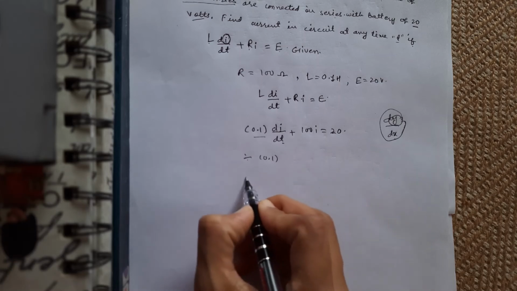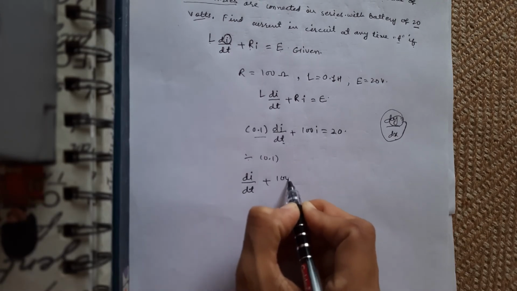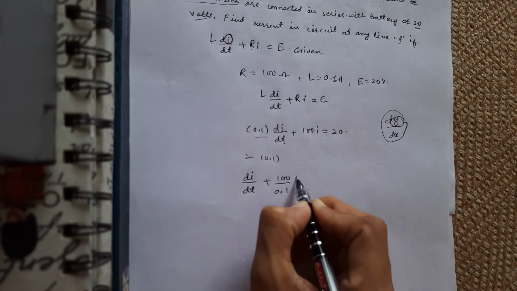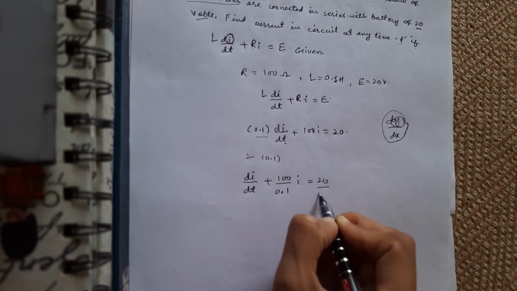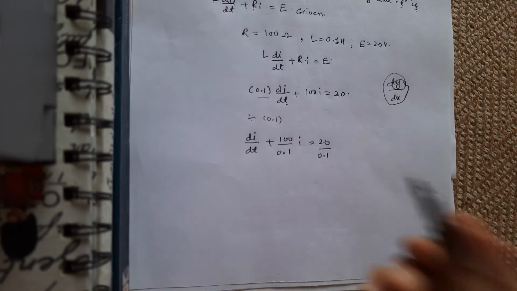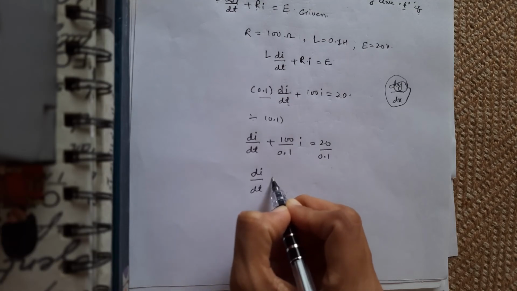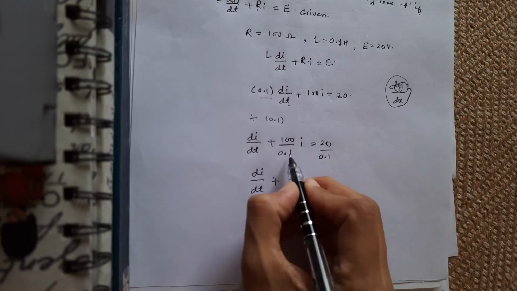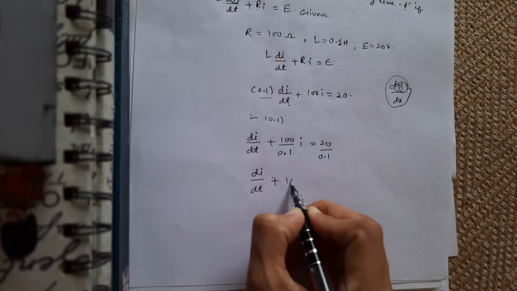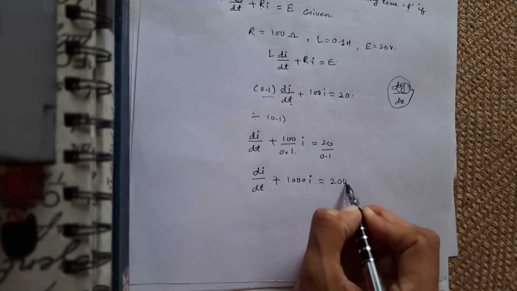What will I get? di upon dt plus 100 upon 0.1 I equals 20 upon 0.1, and when I solve it, I get di upon dt plus 1000 I equals 200.